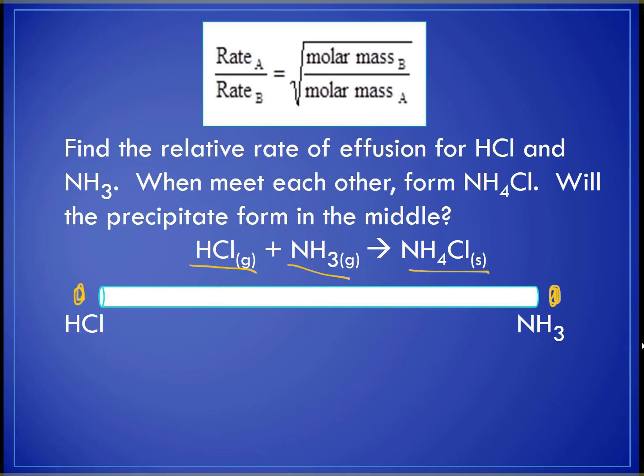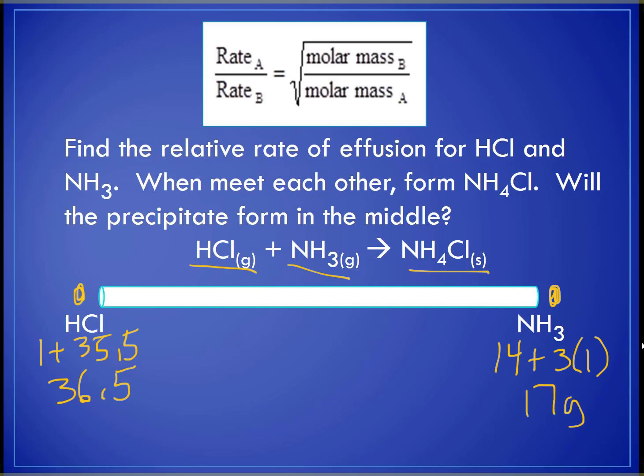Well, let's find the molar masses of each of our substances to find out which one is the smaller gas. Let's start off with the HCl. I have 1 plus 35.5, and that would be 36.5. And then over here I have 14 plus 3 times 1, 17 grams is the molar mass.